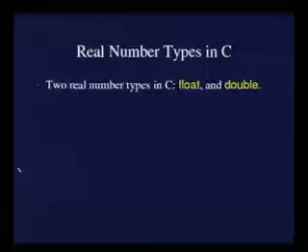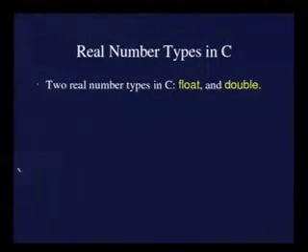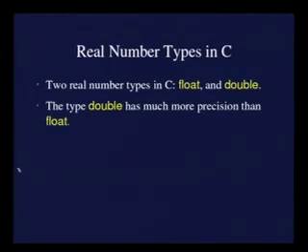Let's now look at the real number types that are available in C. There are two of them really. They are called float and double. The word float comes from the fact that the representation of real numbers that we just saw is called the floating point representation, and the word double comes from the fact that the double type has about twice the precision of the float type.